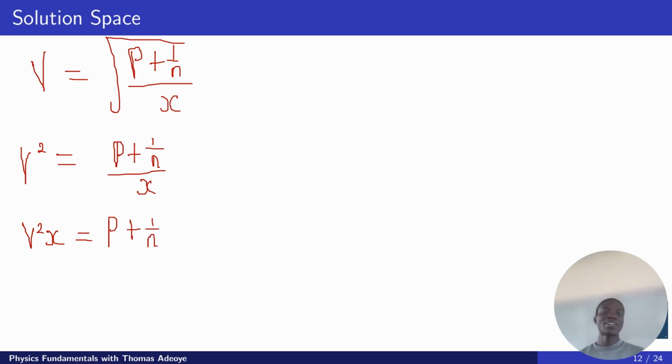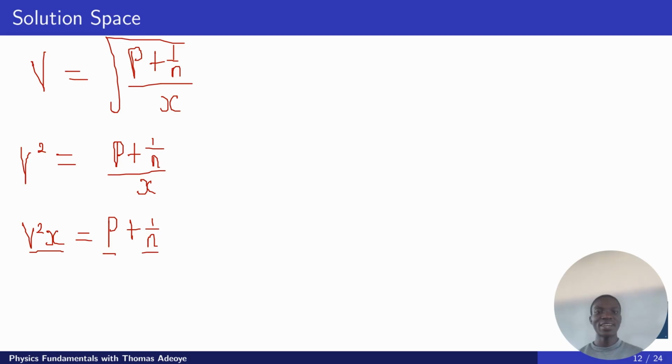Okay, now here I have another expression. From this expression, you should agree with me, according to the principle of homogeneity of dimensions, that each term of this equation must have the same dimension. Yes, that's what the principle states. Okay, so what should I use? Let's use pressure.